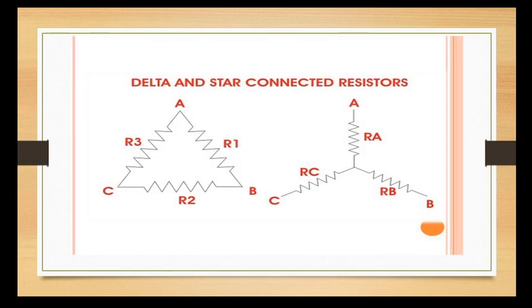The first figure shows the delta connection, in which you can see that R1, R2 and R3 are the three resistances connected in a delta structure between the terminals A, B and C. In the second picture, these three resistances R1, R2, R3 are replaced with three resistances RA, RB, RC, connected like a star with the terminals A, B and C. The peculiarity of this star and delta arrangement is that these two arrangements will be electrically equivalent if the resistance measured between any pair of terminals is the same in both arrangements.